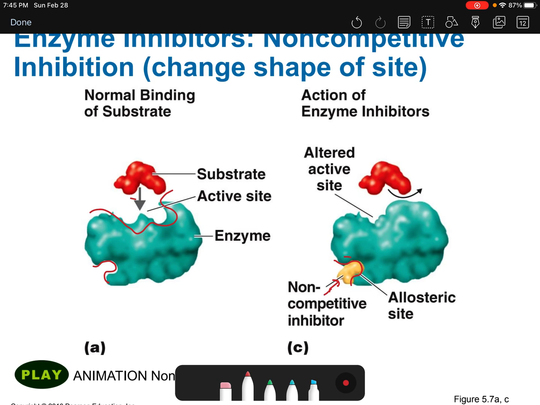As soon as this non-competitive inhibitor hooks on, this turns into a funky shape. Now this doesn't fit anymore, and so it's not going to hook on. It's inhibited that substrate from hooking on, not by blocking its site, but by changing the shape into this weird thing that's not even the same shape as this right here.